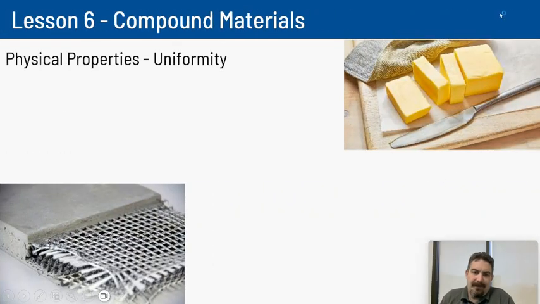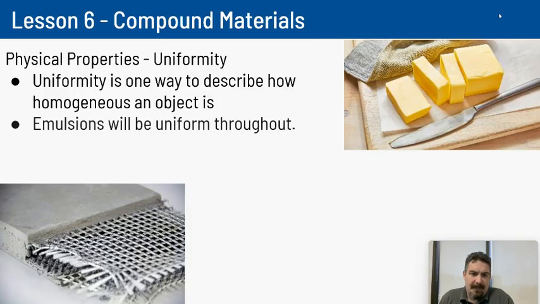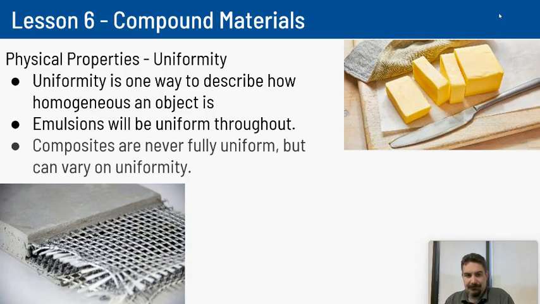All right, another one is uniformity. And that's just to describe how homogeneous the object is. How samey is the object? So emulsions, like I said, they're uniform throughout. They're fully homogenized, right? They're all the same, like this butter. Now, composites are never fully uniform, but they can vary on their uniformity.